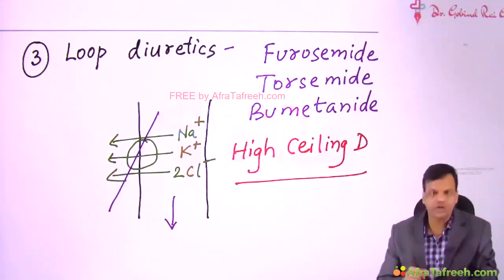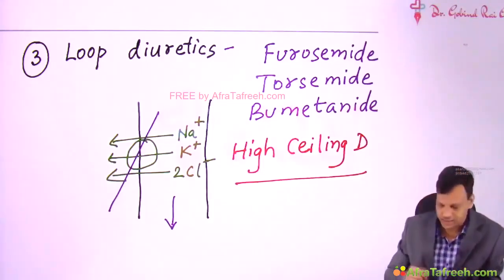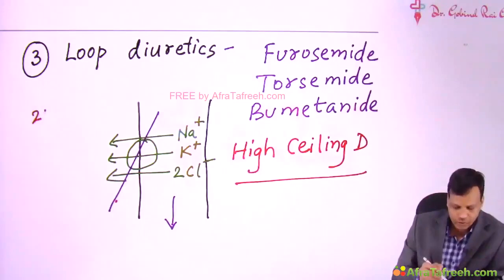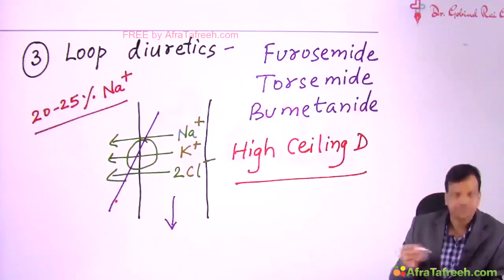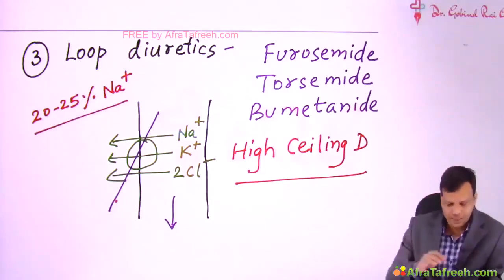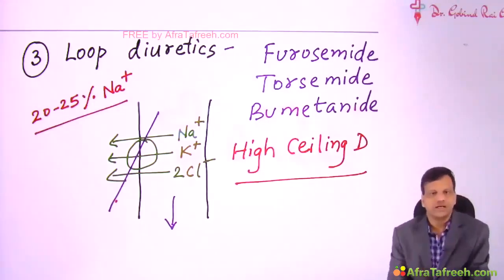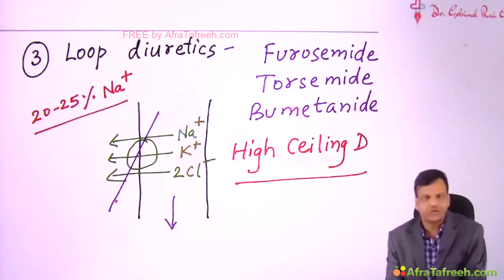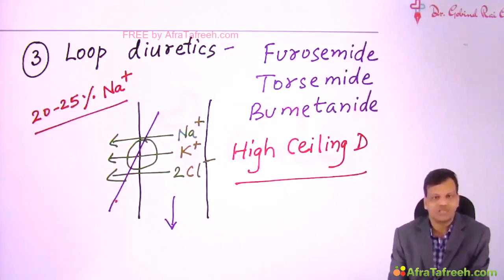Now why loop diuretics have high ceiling is, this is the area of the nephron, loop of Henle, where around 20 to 25% of sodium is reabsorbed. So when we inhibit this reabsorption, then most of the sodium will be excreted, because distal to this the reabsorptive capacity of the nephron is very less.